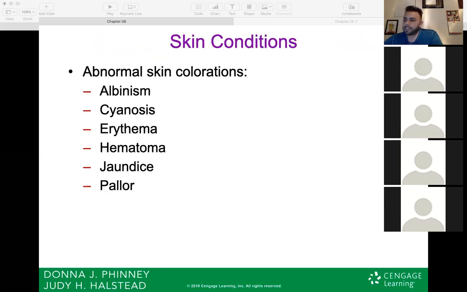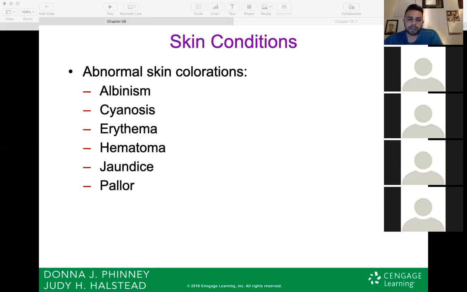All right, skin conditions that some people can sometimes get are albinism, which is a lack of melanin, the chemical that creates pigment in our skin.